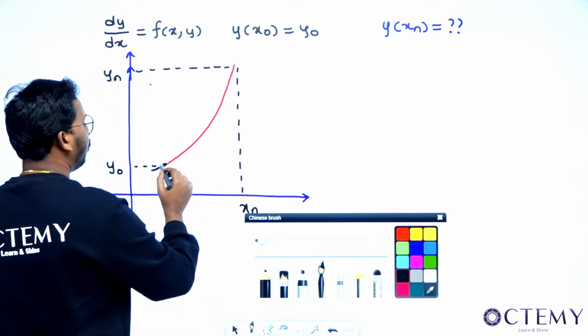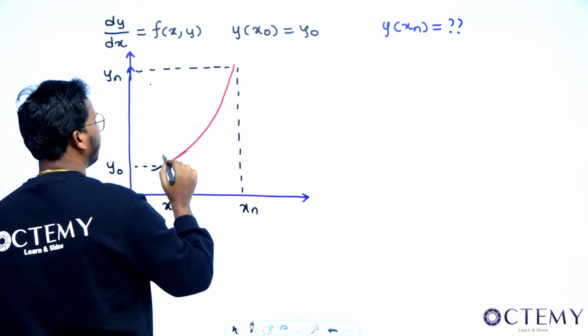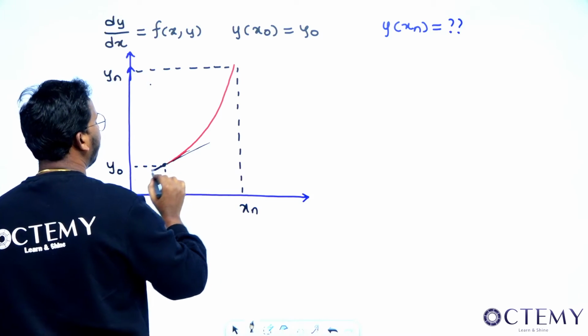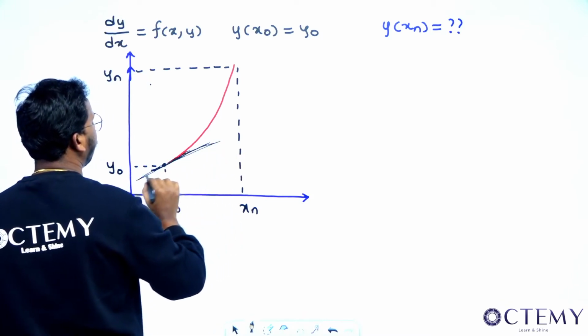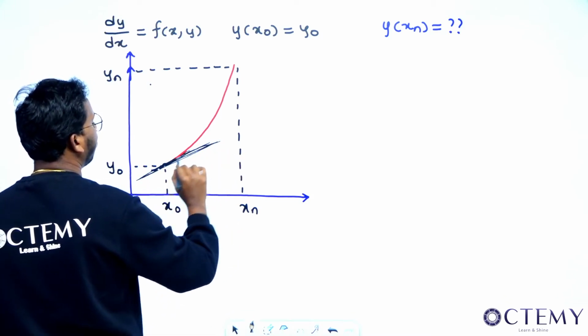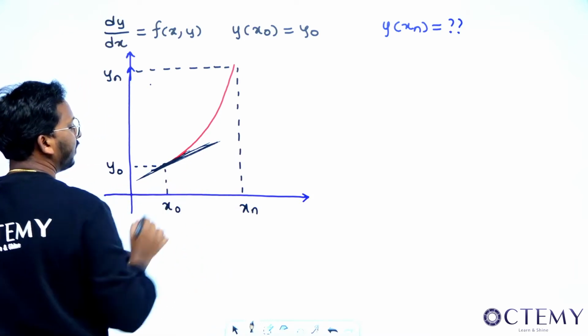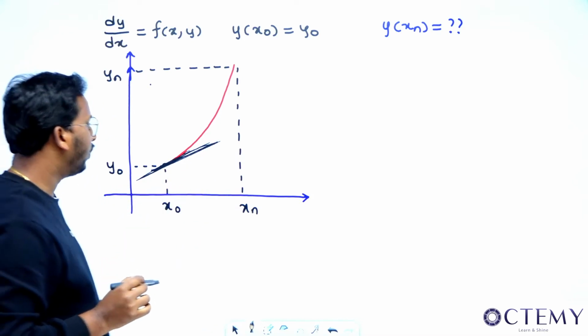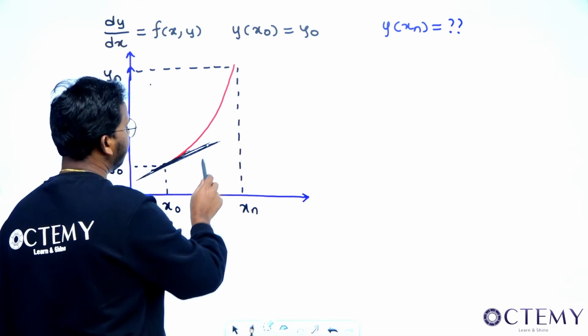I will try to draw a line like this. I will try to draw a tangent at this point. I'll try to draw what? A tangent at this particular point, right? First, before even doing the tangent, let me do it like this.